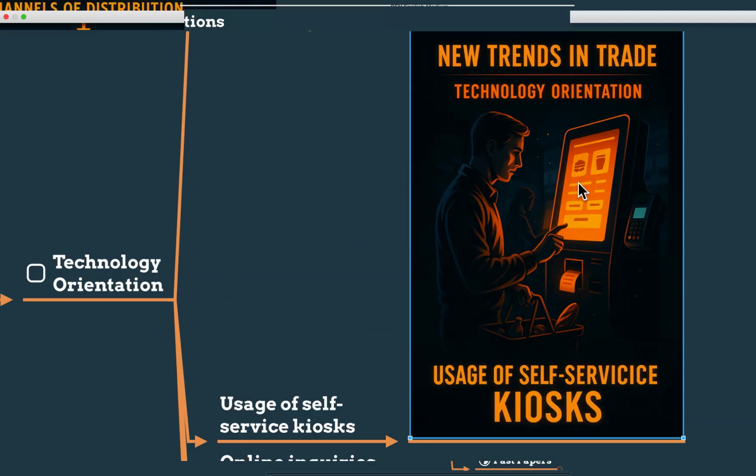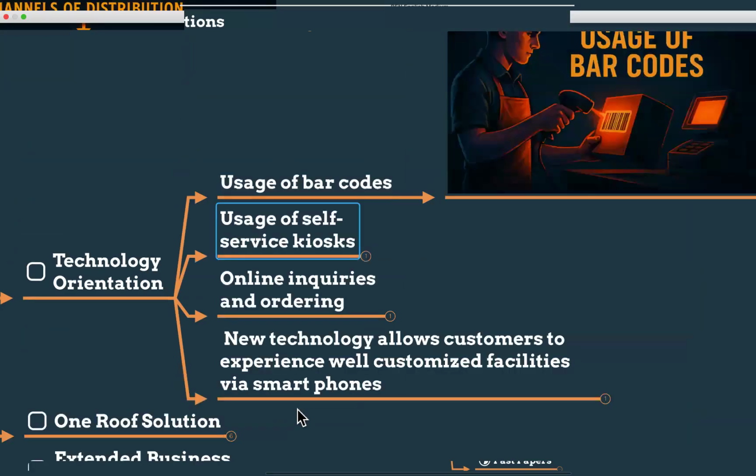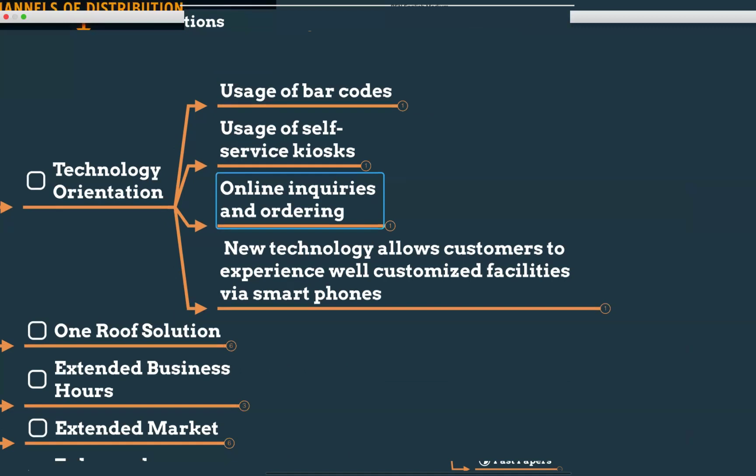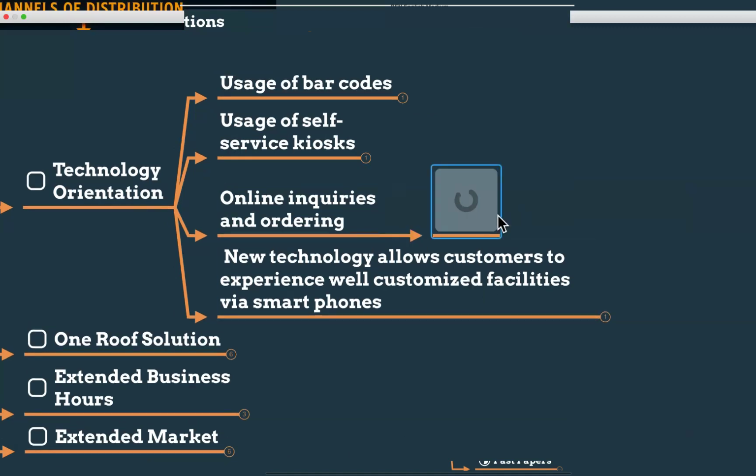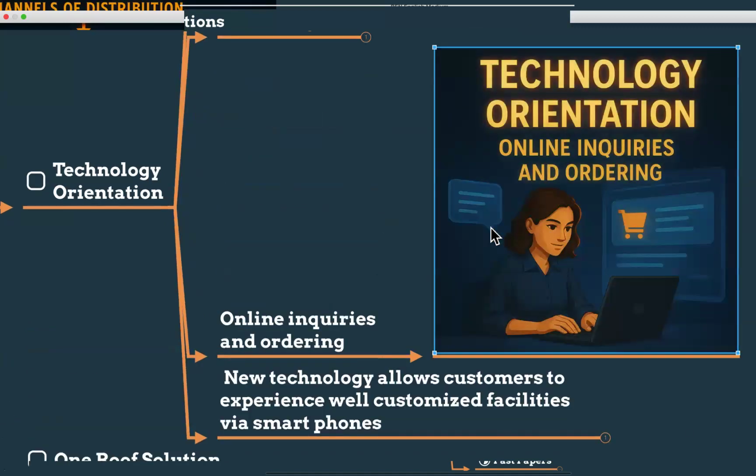For example, you can see Dialog self-service kiosks for bill payment. You can go and make your easy cash payment. You can make your electricity payment. You can give the cash to the machine like that. So the usage of self-service kiosks is a technology orientation example. And also online inquiries as well as online ordering in a business is a trend now, right?